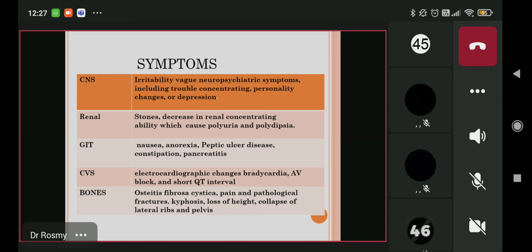Okay. In the heart, there will be electrocardiographic abnormalities in the form of arrhythmias. There can be AV conduction block. The QT interval will be shortened.